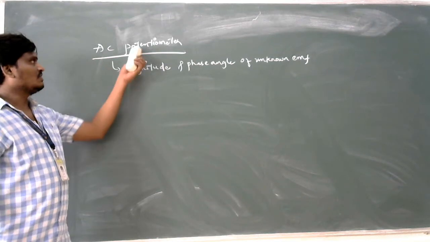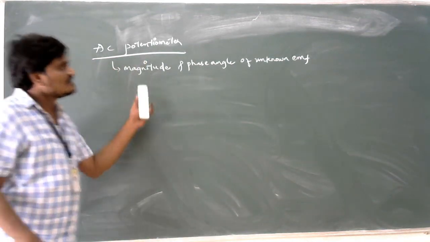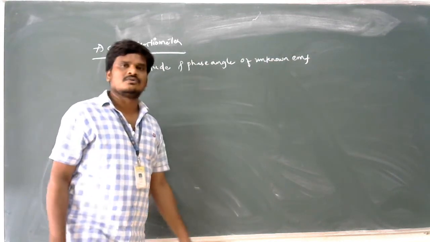The AC potentiometer measures the magnitude as well as the phase angle of the unknown EMF.